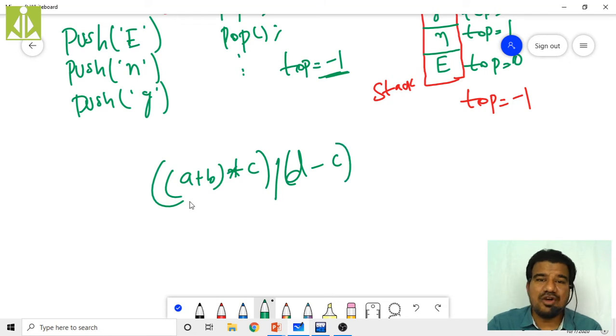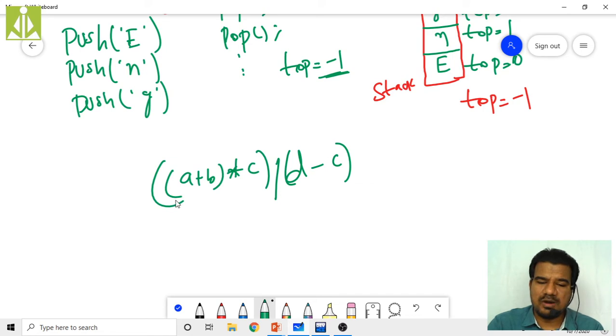Balancing of parentheses checks whether whatever parenthesis we open, we are closing properly or not. Am I closing the parenthesis over here properly? No, I'm not closing it properly over here.